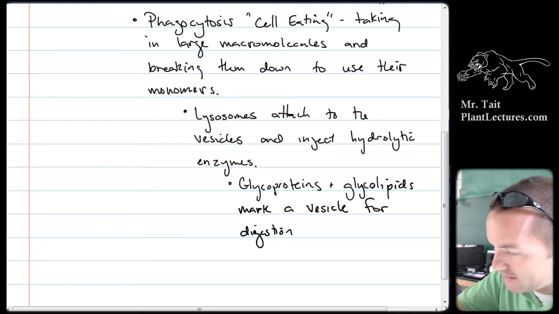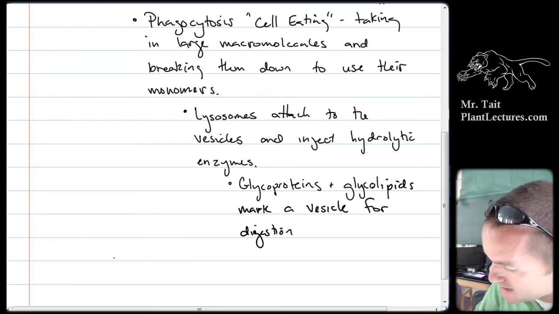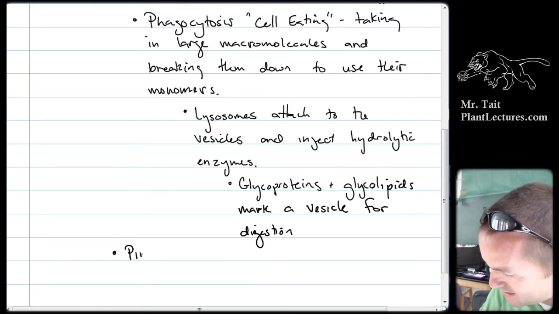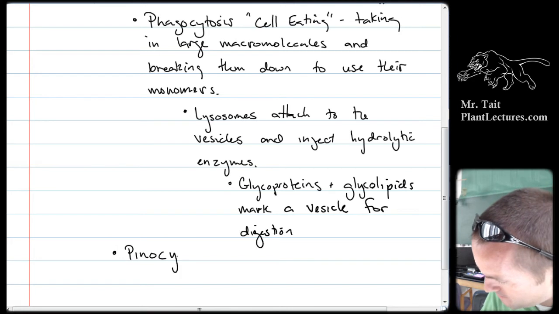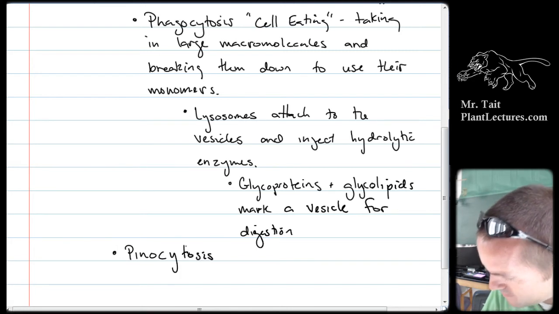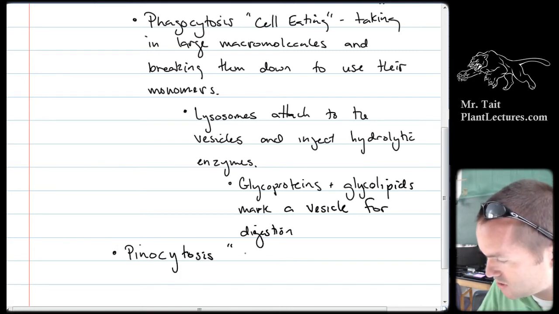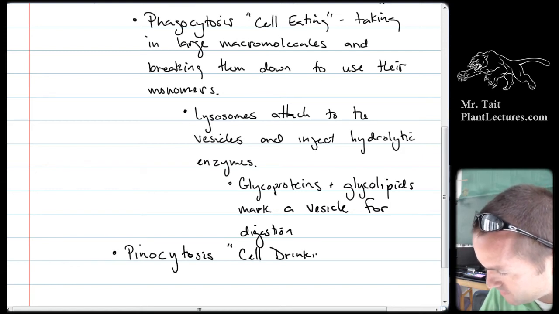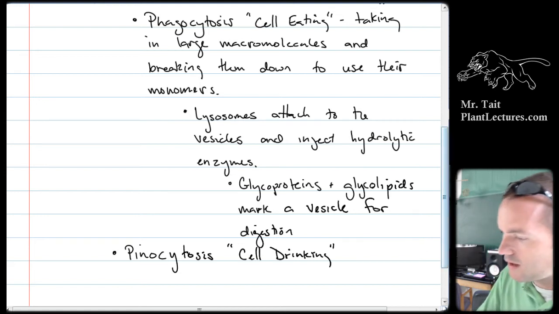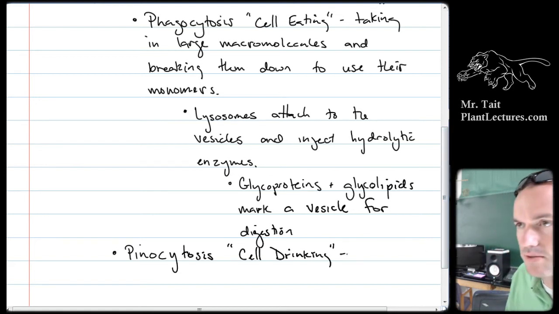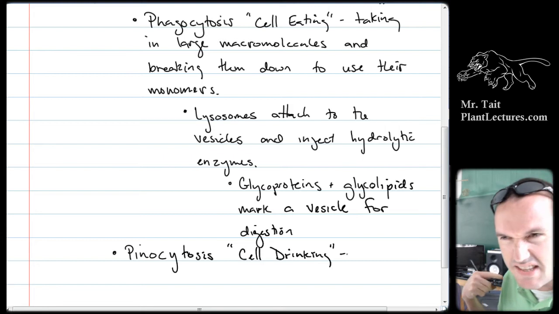All right. Let's talk now about the next type. The next type is called pinocytosis, which again, literally translated, just means cell drinking. And this means that a vesicle is going to be created that contains just a solution that contains water and dissolved solutes.